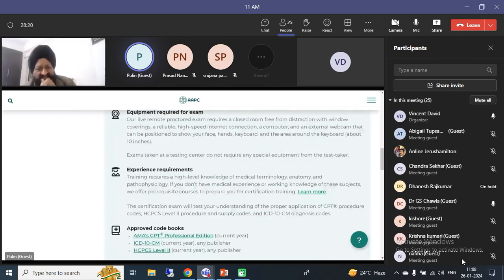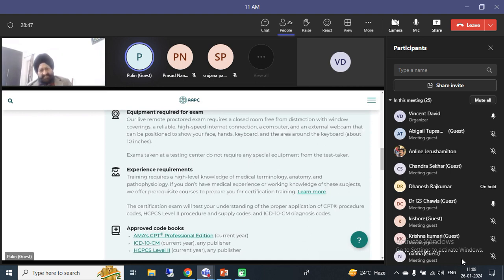We have four choices: A, B, C, and D. Out of that, we have to pick one correct option, and there is no negative marking, but the passing percentage is 70 percent. If somebody scores a minimum of 70 percent, that will be considered a pass. Below 70 percent, even 1 percent below, will not be considered a pass. 69 means it is not a pass.